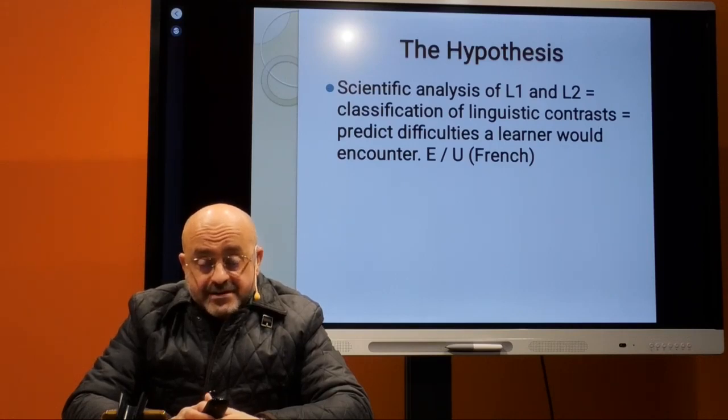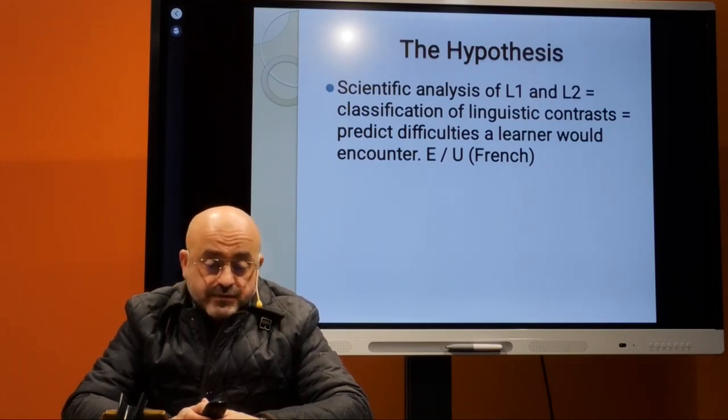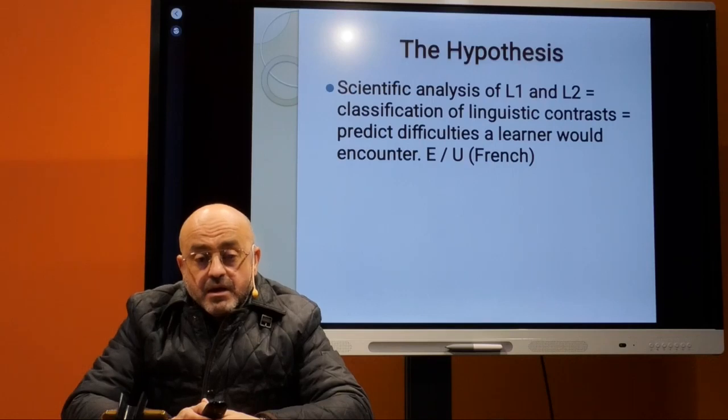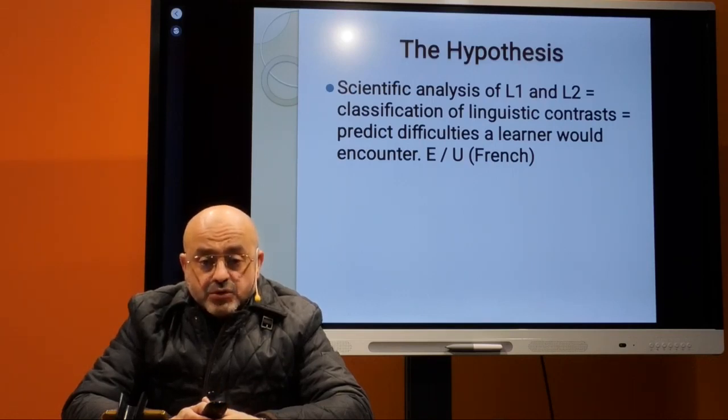If this is done, then it would be possible to predict difficulties a learner would face. For example, if we take into consideration the Moroccan student who has a prior knowledge of Arabic as a mother tongue, and then he is about to study French.